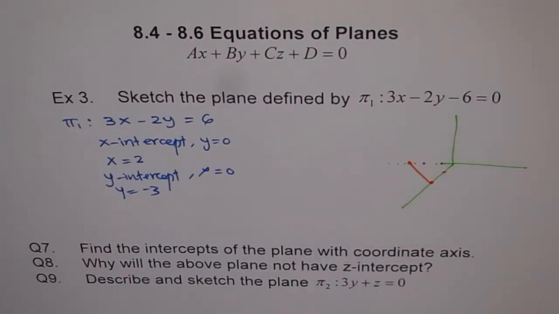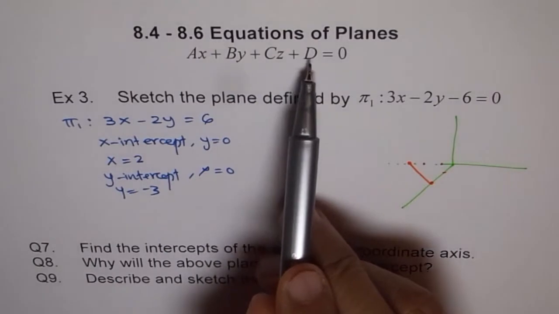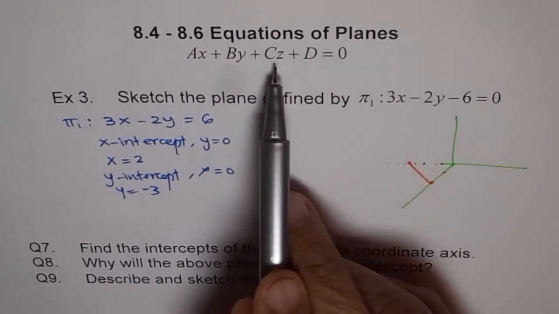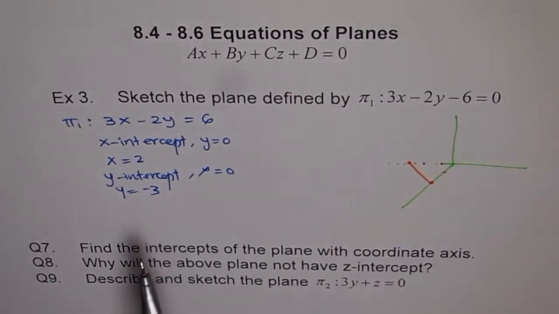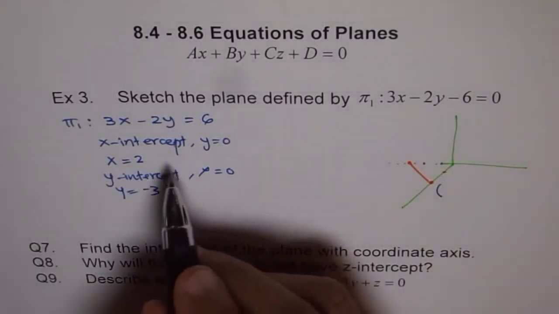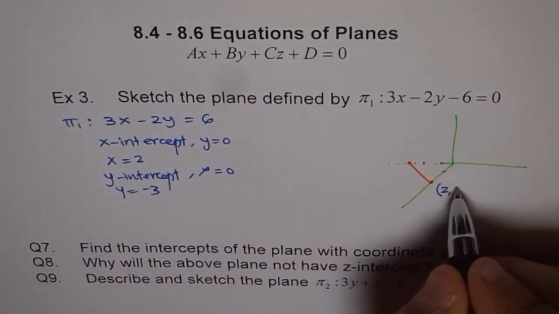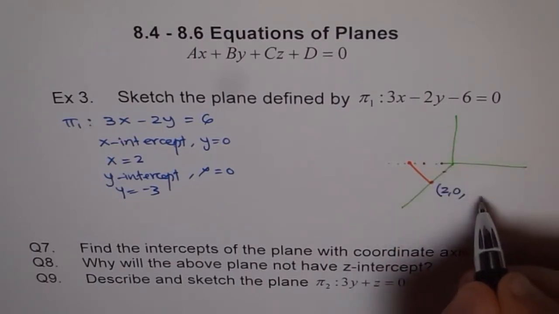Another thing you will notice is that if we compare it with ax plus by plus cz equals d, c is 0. That's why we don't have any z term here, correct? And d is 6 units. So this point for us has x as 2, y as 0, and z is also 0.